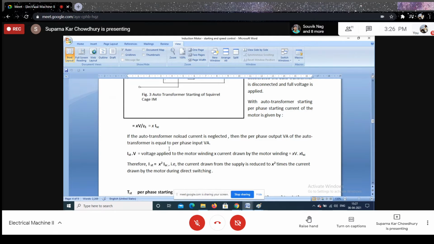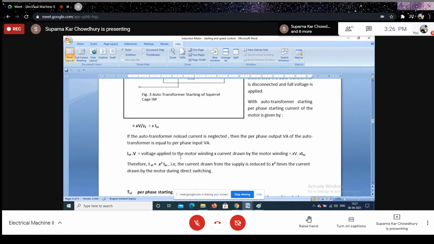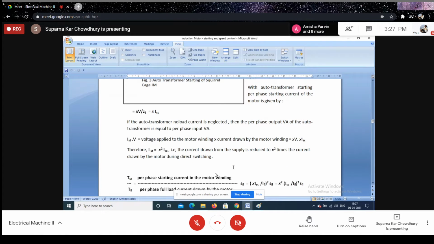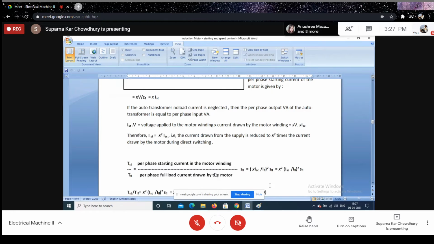So you see that in case of reactor starting, it was X I short circuit. Here, when we are using auto transformer, it will be X square I short circuit. So the current drawn from the supply is reduced to X square times the current drawn by the motor during direct switching.